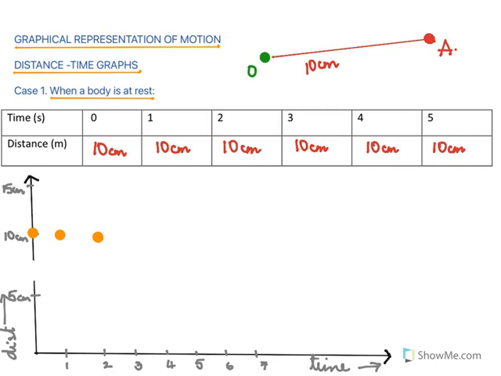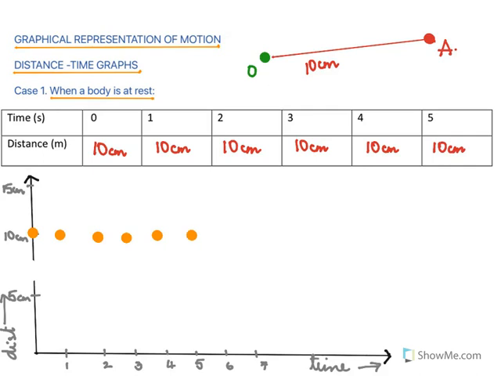For the next, we have time 3, distance 10. Next, time 4, distance 10 again. So that point would be somewhere here. Next point would be again somewhere here.